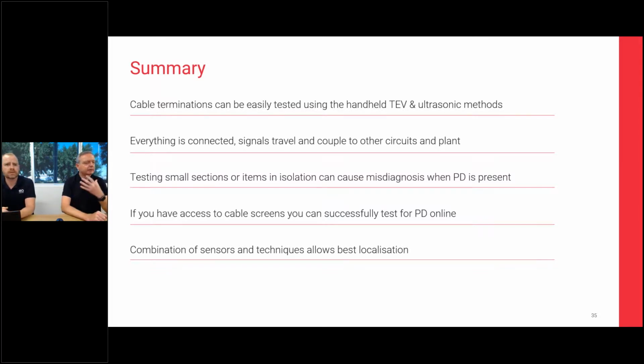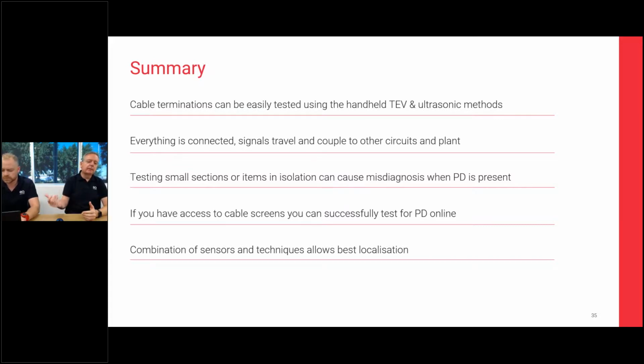If you've only got cable terminations, and you haven't got joints in between, then generally you don't need to try any harder than the methods that we use, the handheld TEV and ultrasonic methods for testing. If you've got a relatively small network or relatively small sections of cables and you haven't got access to the cable earth to place an HFCT on, again, just doing the TEV and the ultrasonic will get you a certain way.